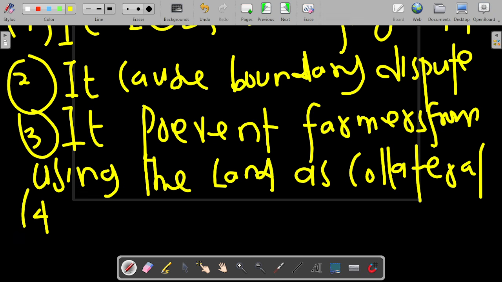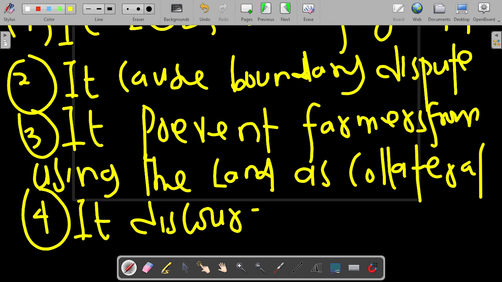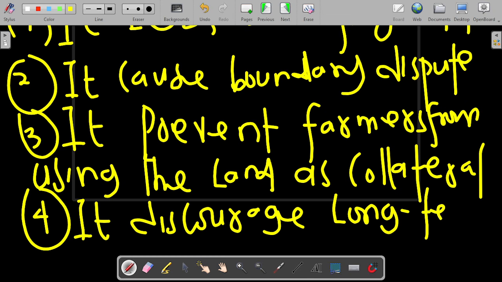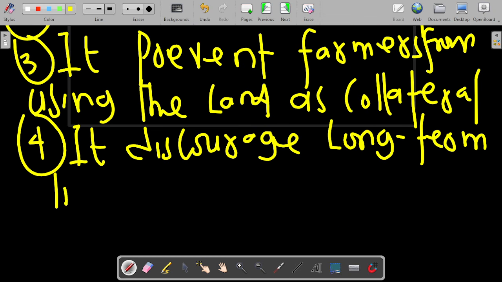Then 4, it discourages long-term investments.